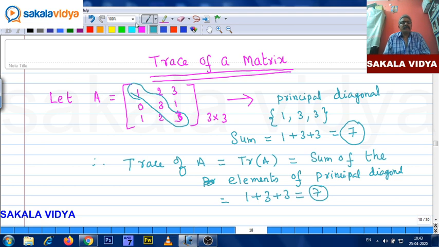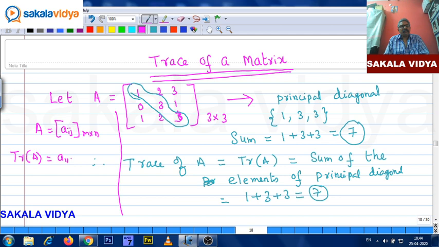So for example, let us say A equals Aij of order n by n. What is the trace of A? Trace of A is equal to A11 plus A22 plus A33 and so on up to Ann, because A11, A22, A33 are all the elements of the principal diagonal of this square matrix.